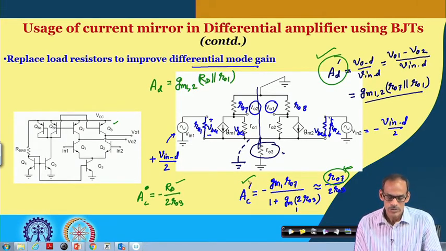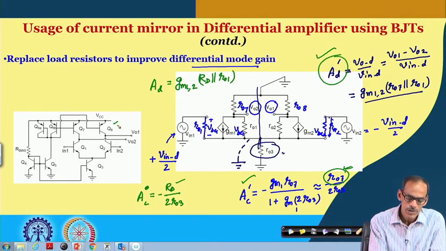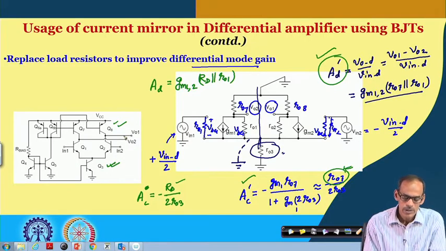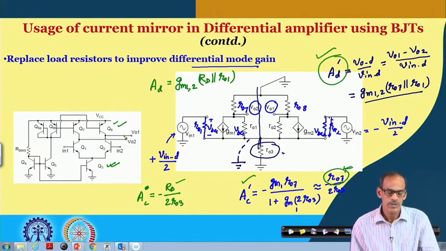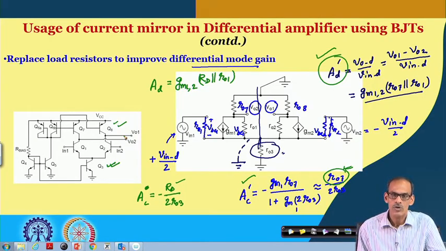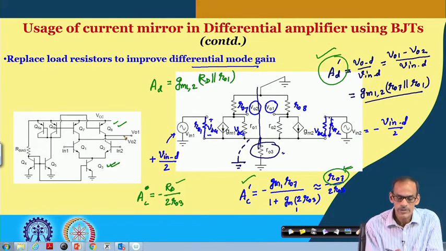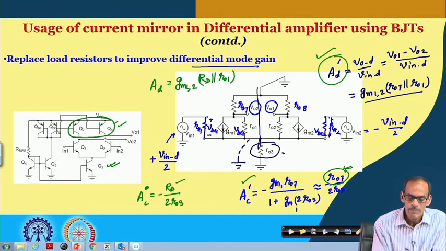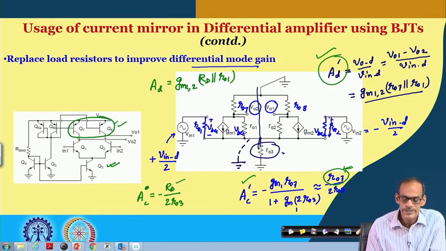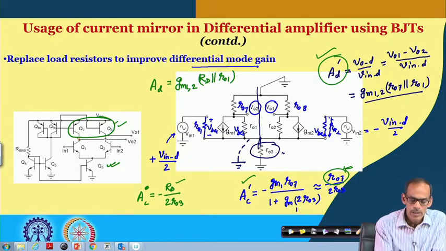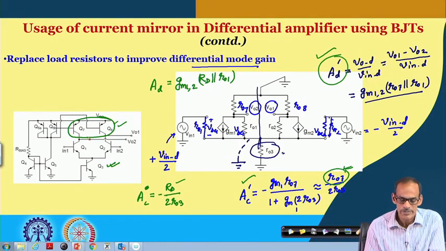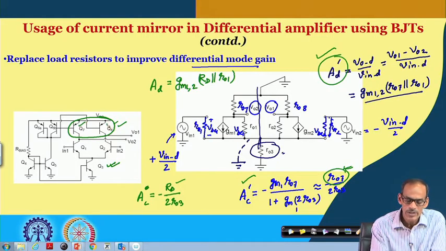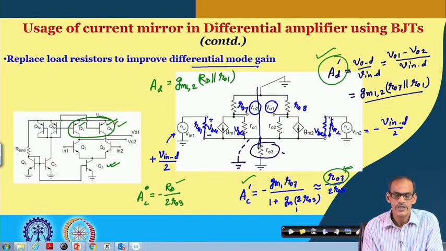So, to summarize, we have replaced both the active load part and the tail part. It is in fact a current mirror. That makes the differential mode gain and common mode gain improved. Now, instead of having this kind of load, which does not have any signal propagating, we may have some better arrangement, particularly because if you see this transistor current and this transistor current, DC wise they are the same.